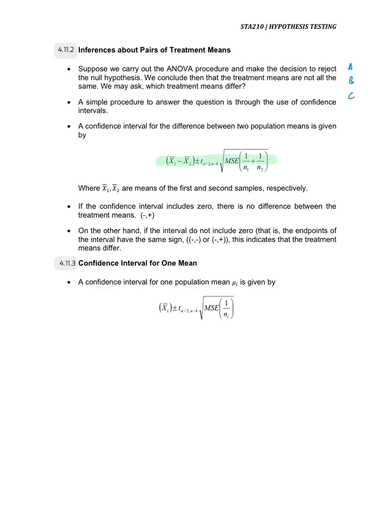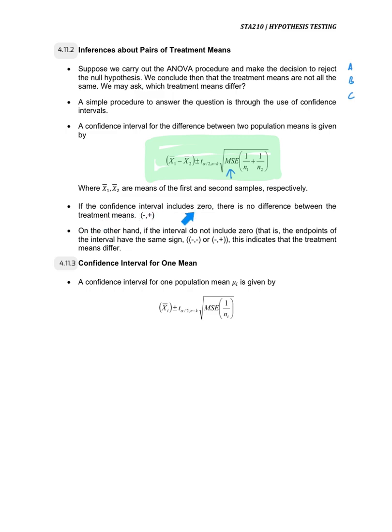We use x bar 1 minus x bar 2 plus minus t alpha over 2, n minus k, and then we use the value of MSE, which we can take from the ANOVA table. Okay, then how to interpret? The interpretation is still the same as what you have learned in the estimation topic.